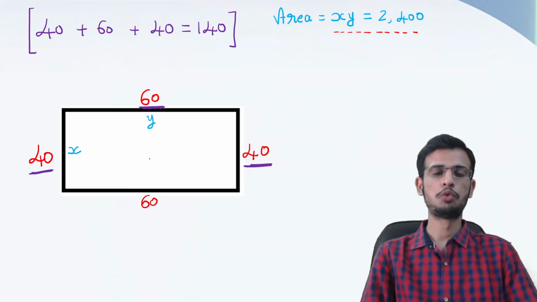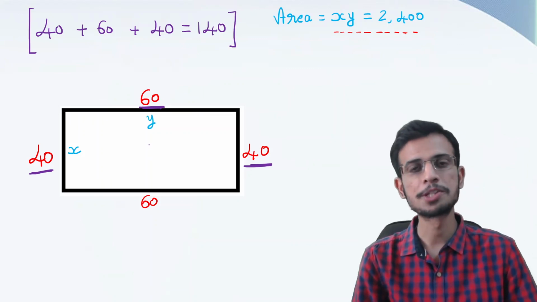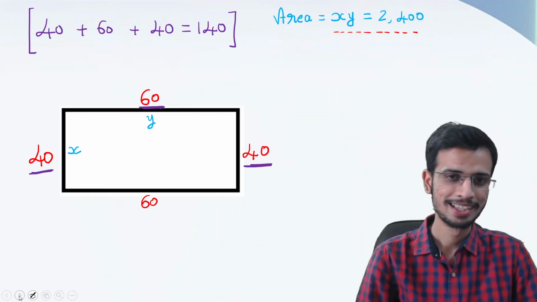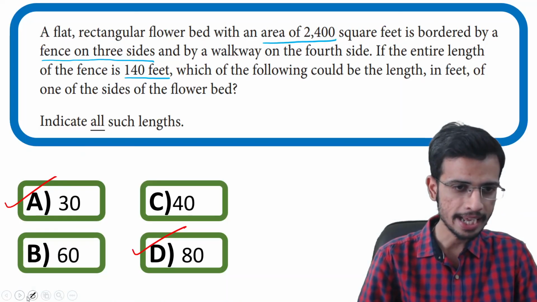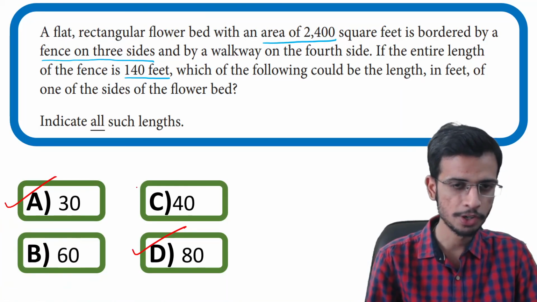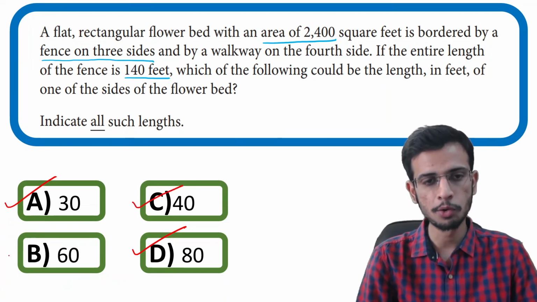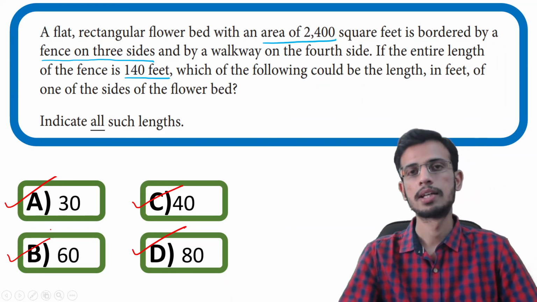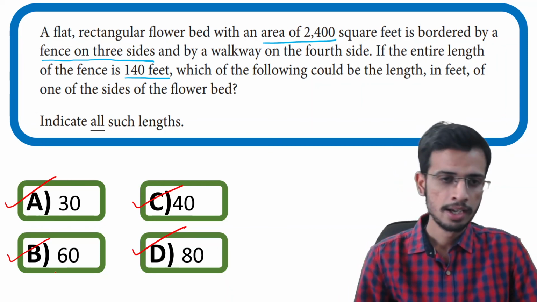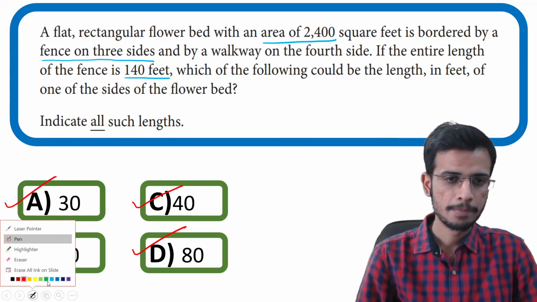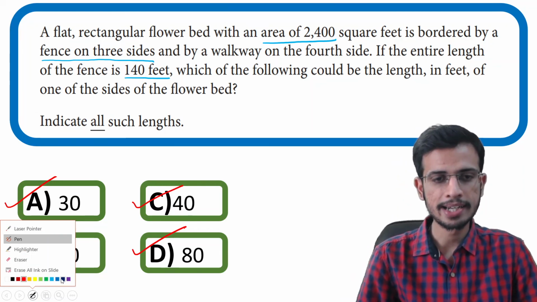So this 40 is one of the possible side of this rectangle. And if you choose 40 as correct answer, option C will be correct, and option B is saying 60. Yes, 60 is also one of possible side of this rectangle, right? So all the options will be correct in this question.